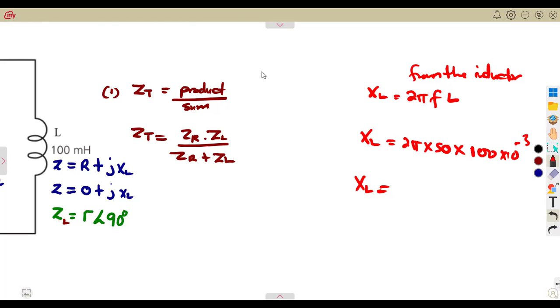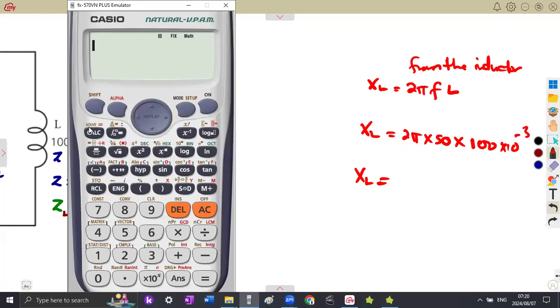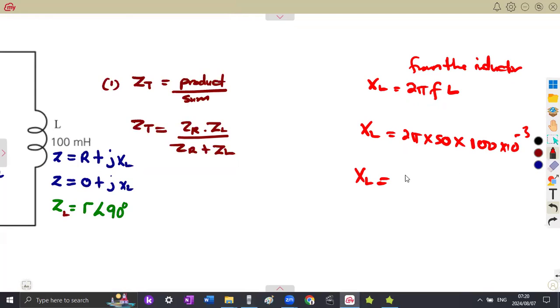So this is going to be 2 pi times 50 times 100 times 10 to the exponent of -3, and that is going to be 10 pi, or as a decimal, 31.416. So that is our reactance of the inductor.